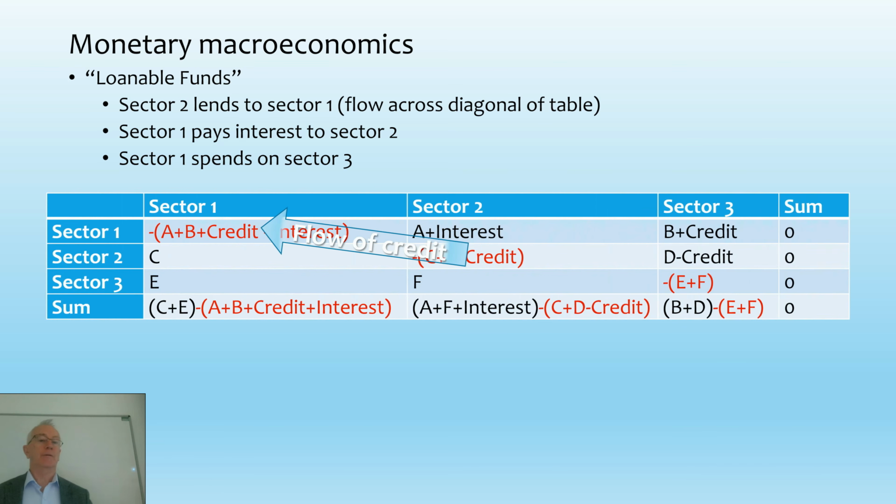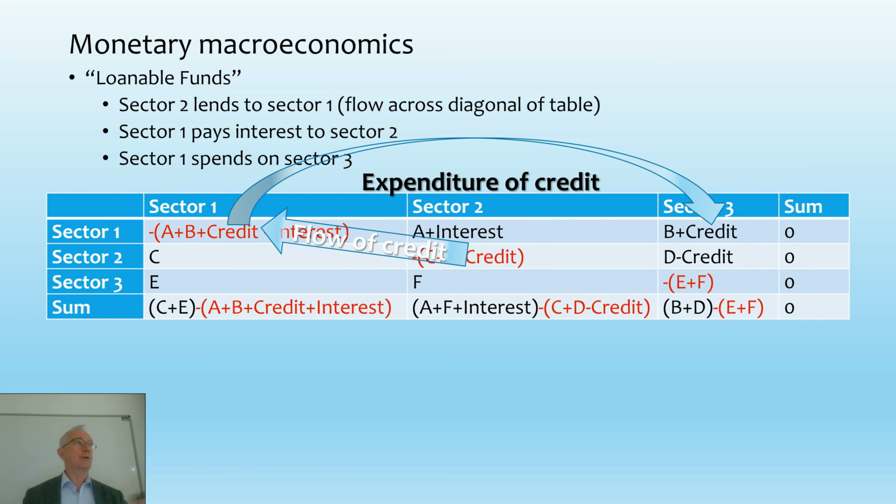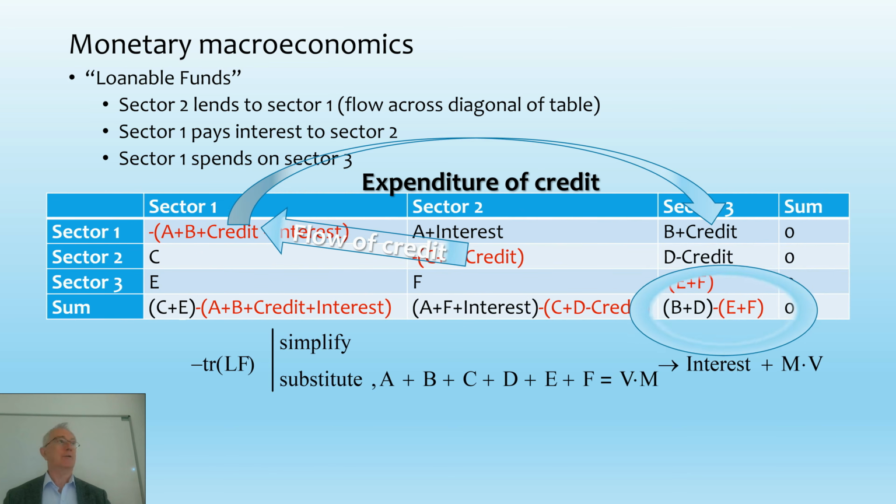So there's the flow of credit per year, and there's the expenditure of credit per year. Now, when you sum up the rows and the diagonal, what you get, credit cancels out. Aggregate demand and aggregate income are interest plus money times velocity. So interest turns up as part of the equation.